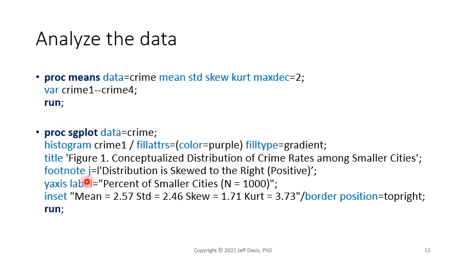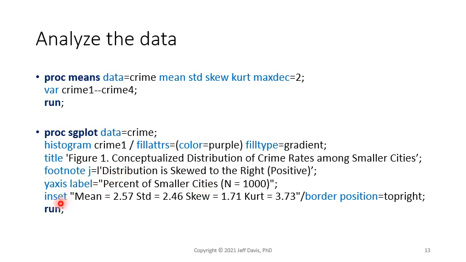Make sure you include this information in your footnote. And then for the y-axis label, you want to include a statement like this, just to help the reader understand what they're looking at and how to interpret those bars in the histogram.